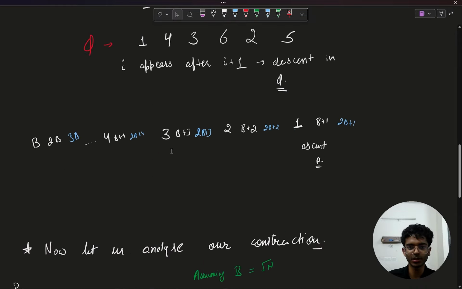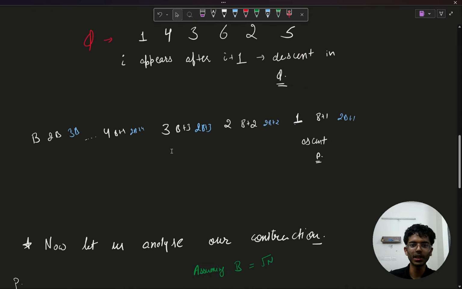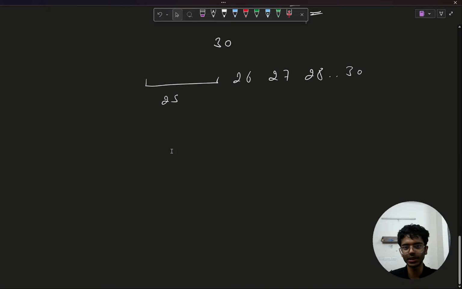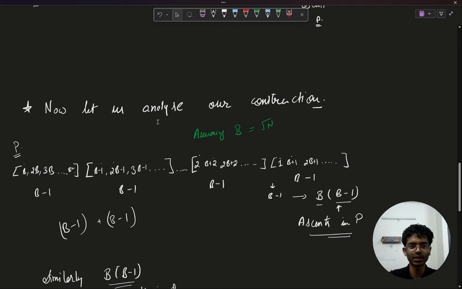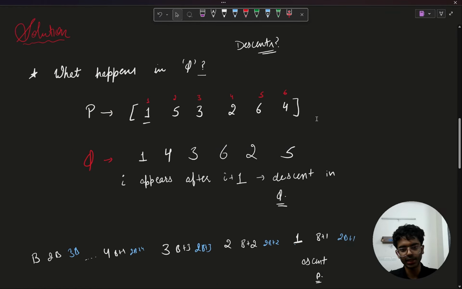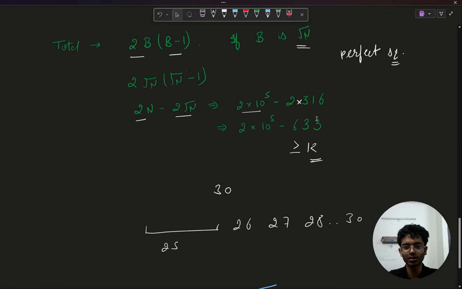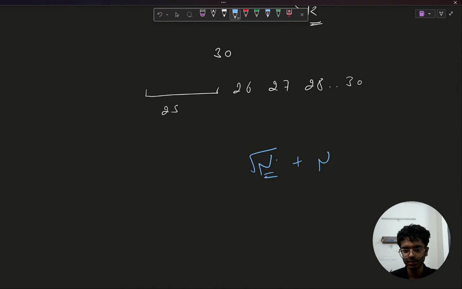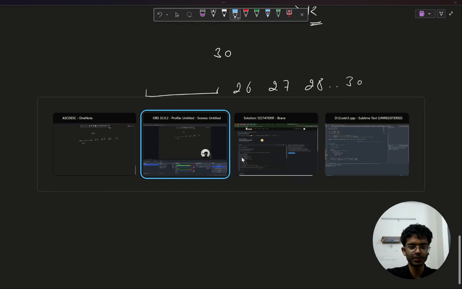Right, and this is pretty much the whole solution. The time complexity of this is going to be square root of n, because you'll need to create these groups, and square root of n plus n, which would turn out to be order of n only. Right. Now let us see the solution.